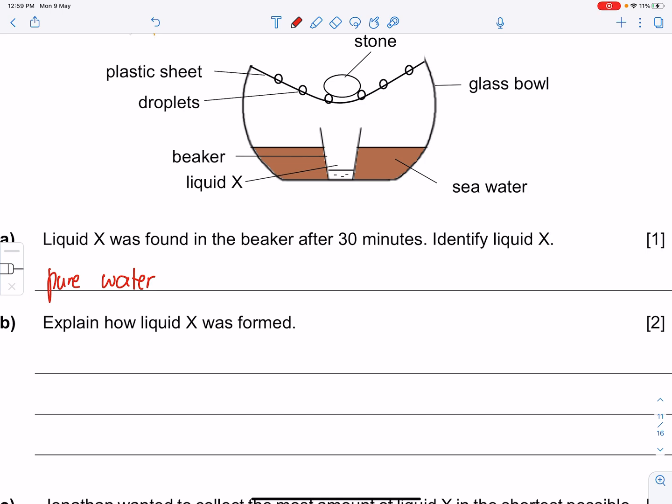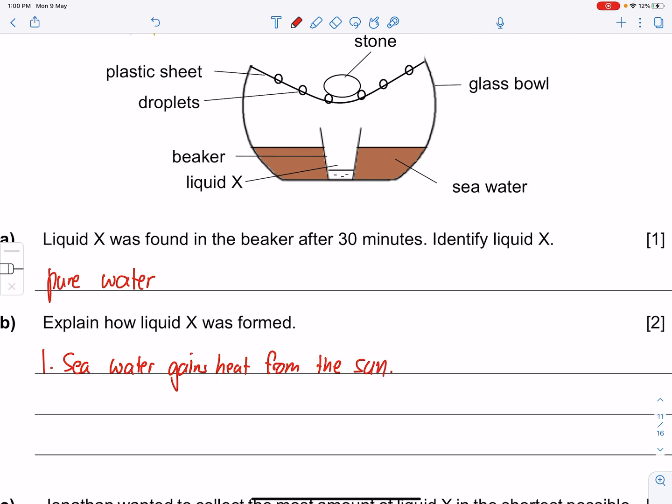A water cycle question contains two parts: your evaporation and condensation. So part 1, you would say that seawater gains heat from the sun. Remember, heat source.